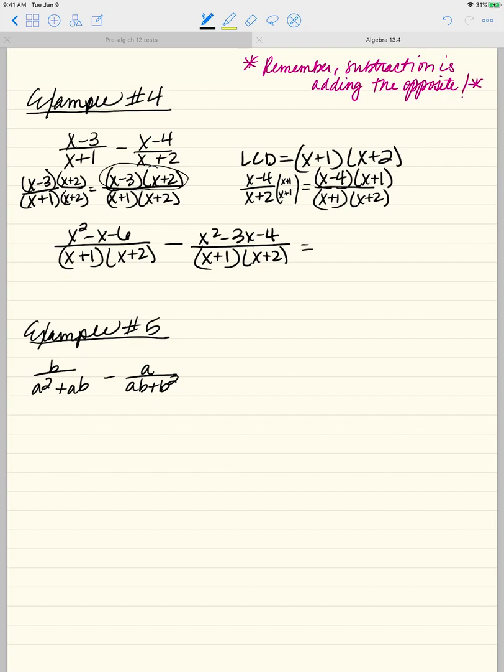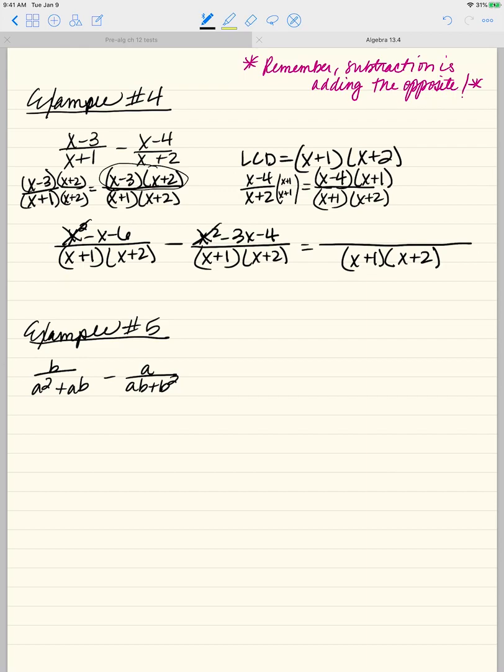Now, this is all going to be equal to something over x plus 1 times x plus 2. So we have x squared minus x squared, so our x squared is 0. That goes away. Then we have negative x minus 3x, so that really is negative x plus 3x.